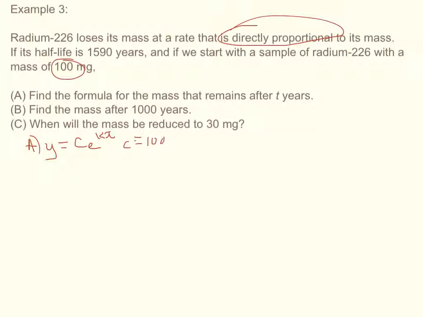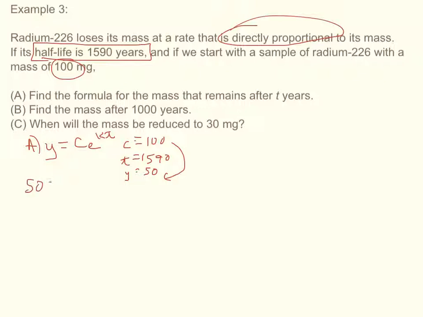The only other information we have is this half-life. And if you've taken chemistry or some of those sciences, you'll know that half-life is when we have only half of the material left. So what that's telling us is that in 1,590 years, then y will equal only 50, because we started with 100, and that's half of 100.